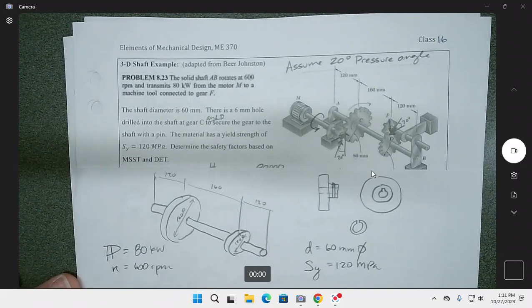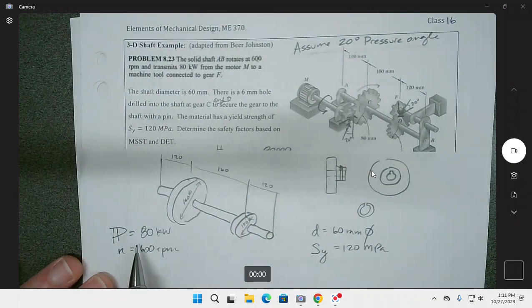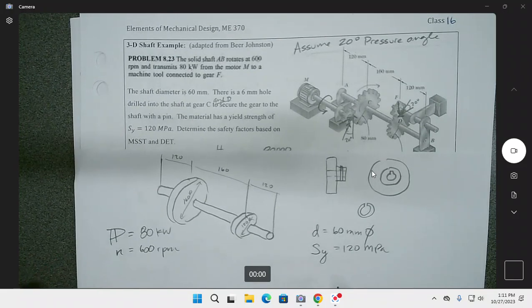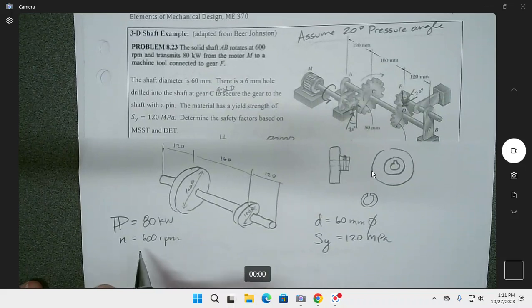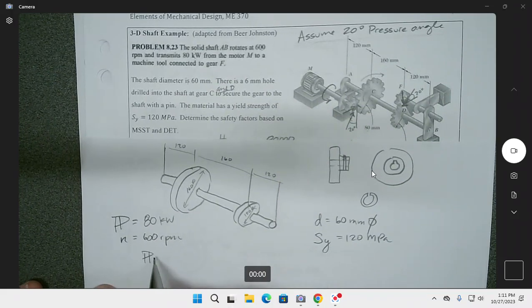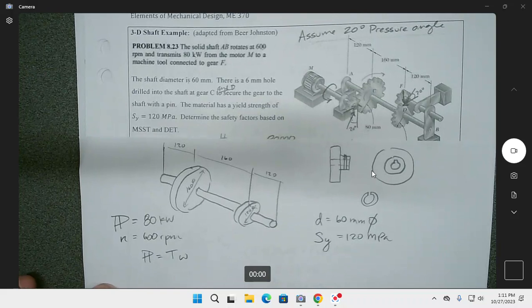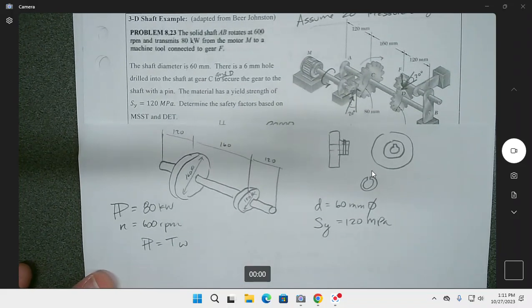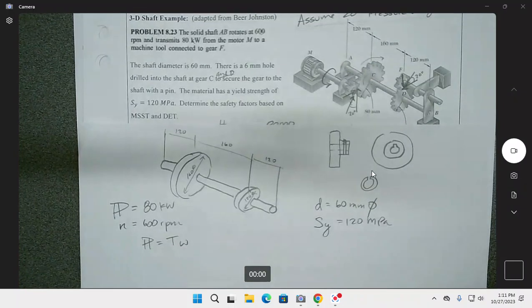Now, just from what we should have remembered from dynamics, hopefully, power is equal to torque times angular velocity. But nicely for us, we can look this up in the book, where I finally put a tab in.